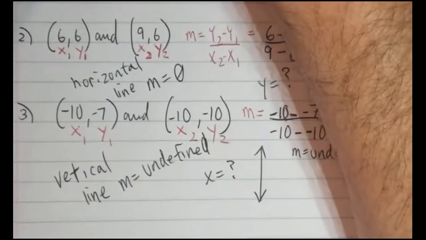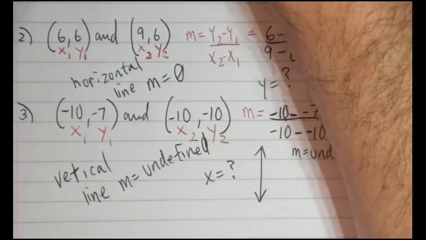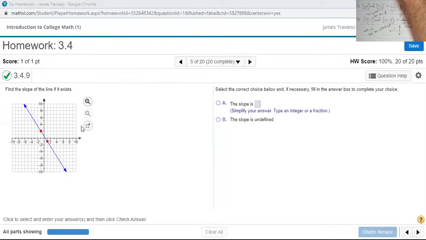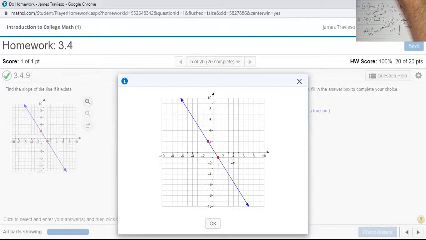All right, our next type of problem, let's look at this example here. They are giving you these 2 points and it says find the slope of the line. There's a couple ways you can do that. You can just look at this and determine the rise and the run.